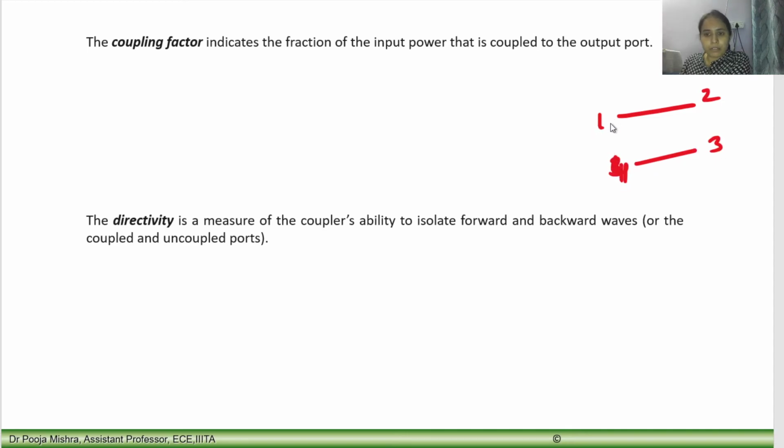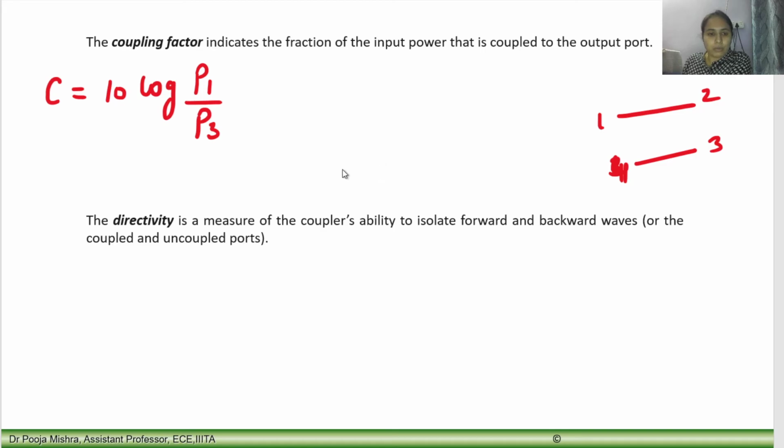How much power is coupled from input to the coupled port is determined by the coupling factor. The coupling factor is denoted by letter C. It is equal to 10 log of P1 by P3, where P1 is the power into the input port and P3 is the power coupled into the coupled port.